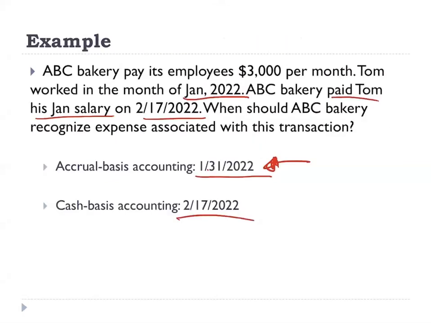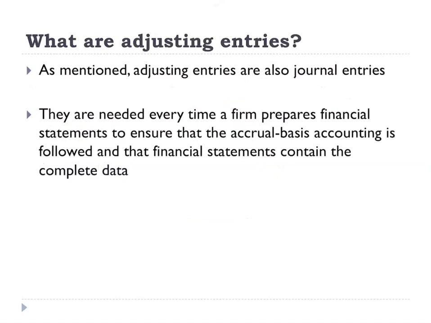So we have talked about the time period assumption, and we have also talked about accrual-based accounting. Then you may wonder, how does it relate to adjusting entries? Adjusting entries, as we mentioned previously, are also one kind of journal entries. We need adjusting entries every time a firm prepares its financial statement.